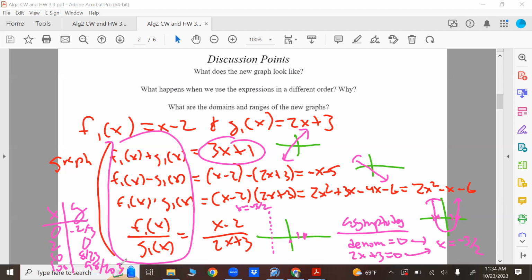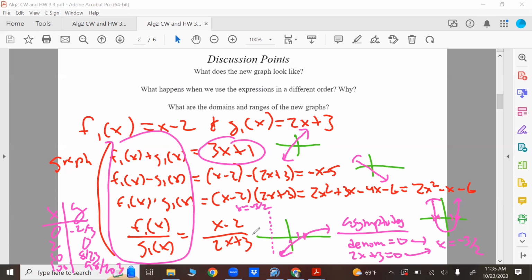I know it's kind of complicated, but it's close to 1/2. So what's going to happen is the graph will get close to 1/2 off to the right.